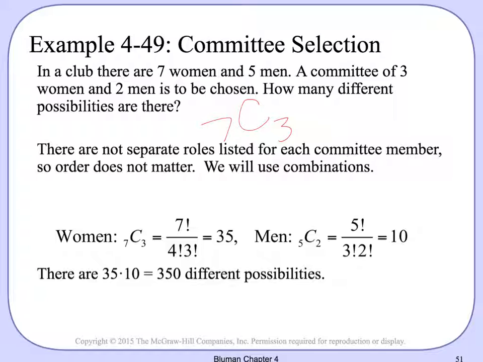And we're choosing men. So and means multiply. And we have 5 men, and we're choosing 2. 7C3 times 5C2. That'll give you your answer. Should be 350 possibilities.